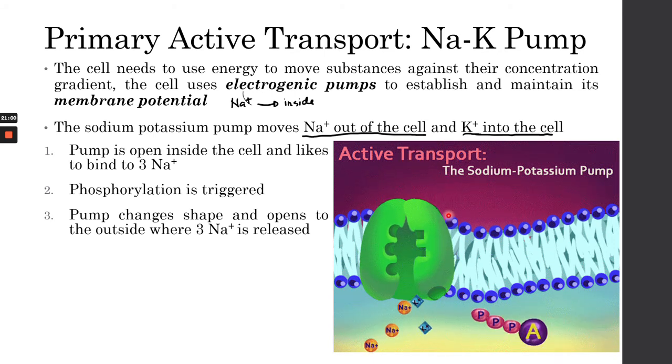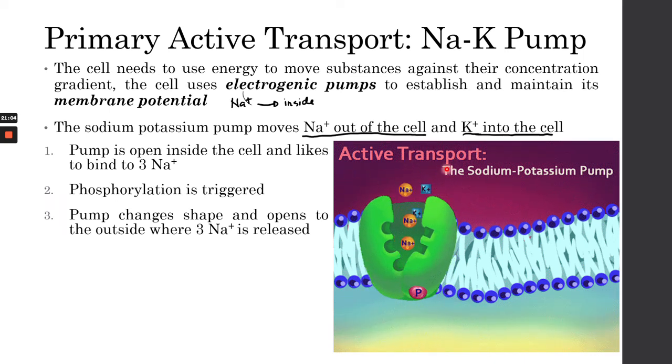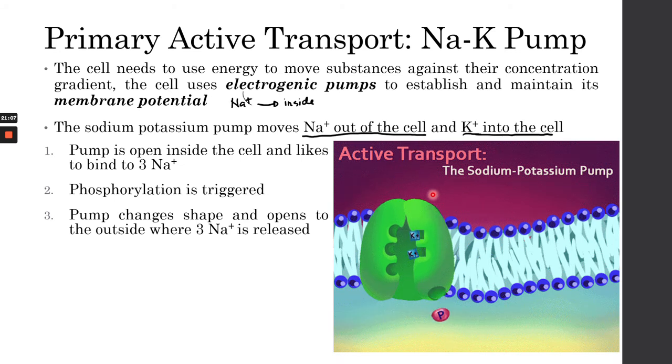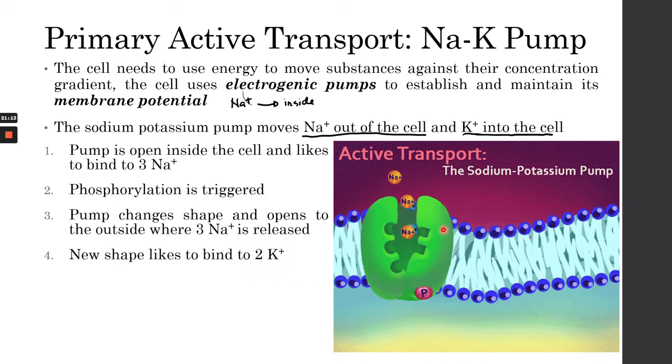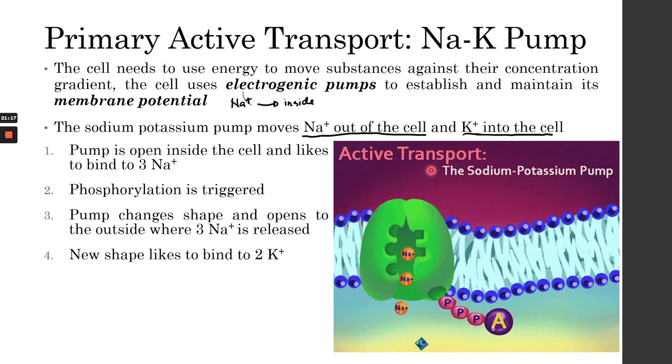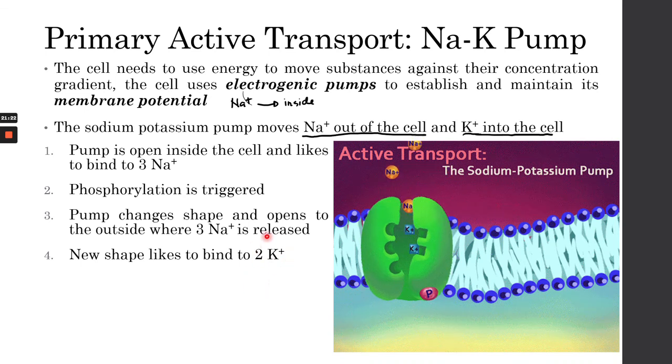So after na mangyari yun, na matanggal na yung tatlong sodium, ma-release na sila sa ECF, yung bagong shape ng pump na still na nakabukas sa outside, it will have a very high affinity, or would like to bind to potassium. So this new shape that is open on the ECF will have a high affinity to two potassium ions.